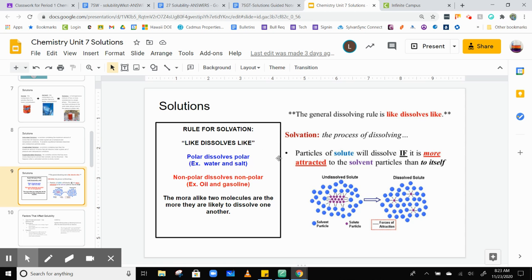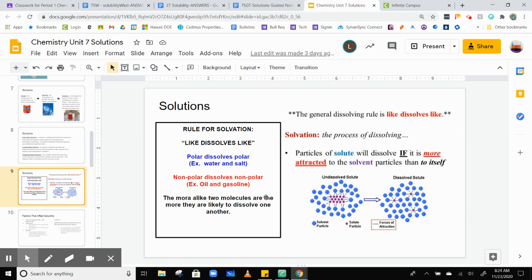So solute particles will dissolve if they are more attracted to the solvent than to themselves. If the solvent particles are more attracted to each other than to the solute particles, they're not going to break apart and intermix with the solutes.